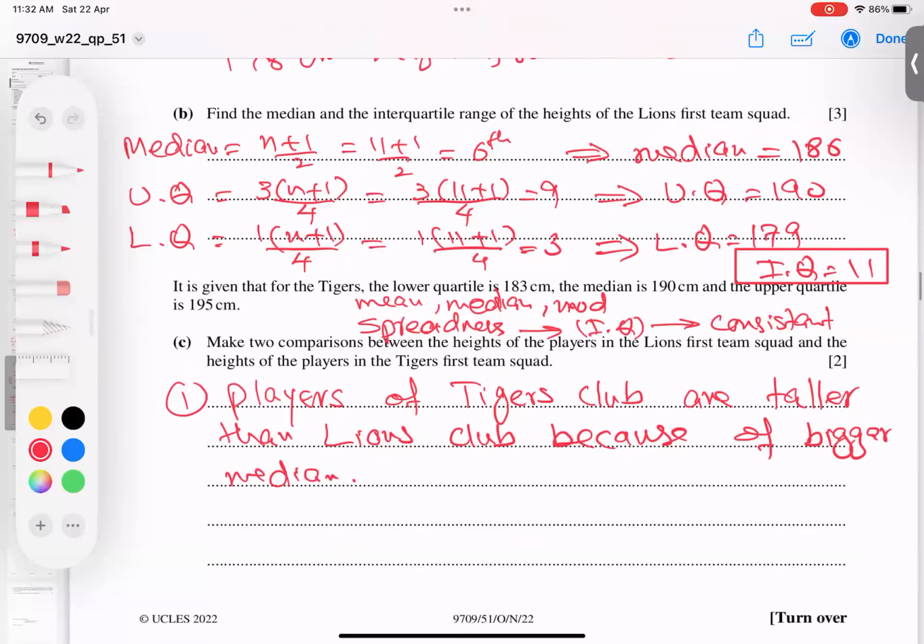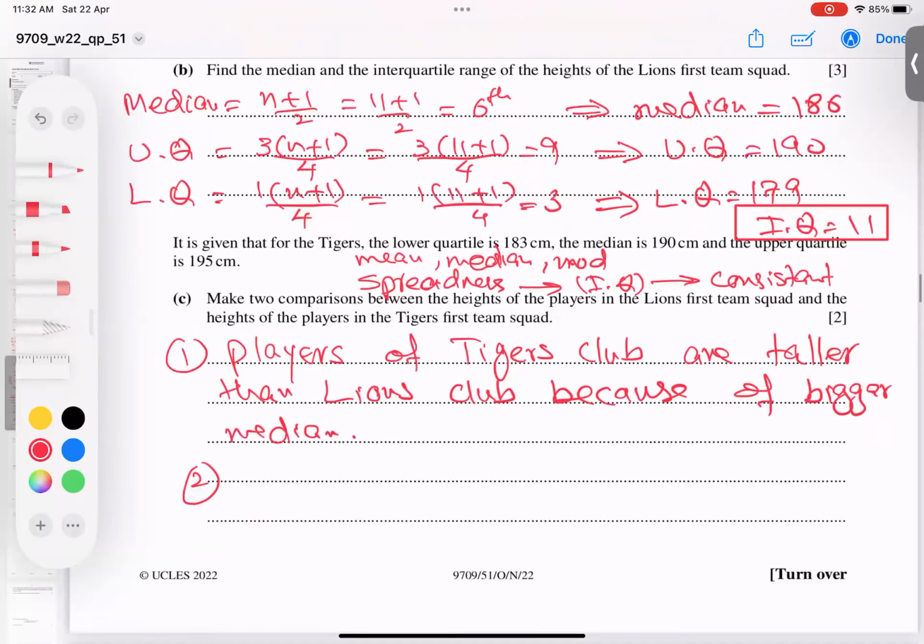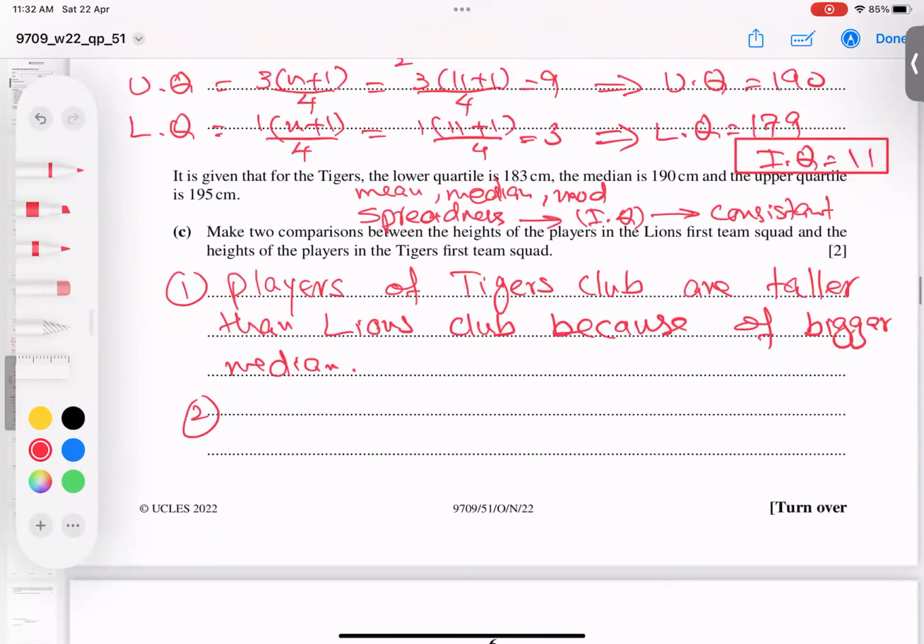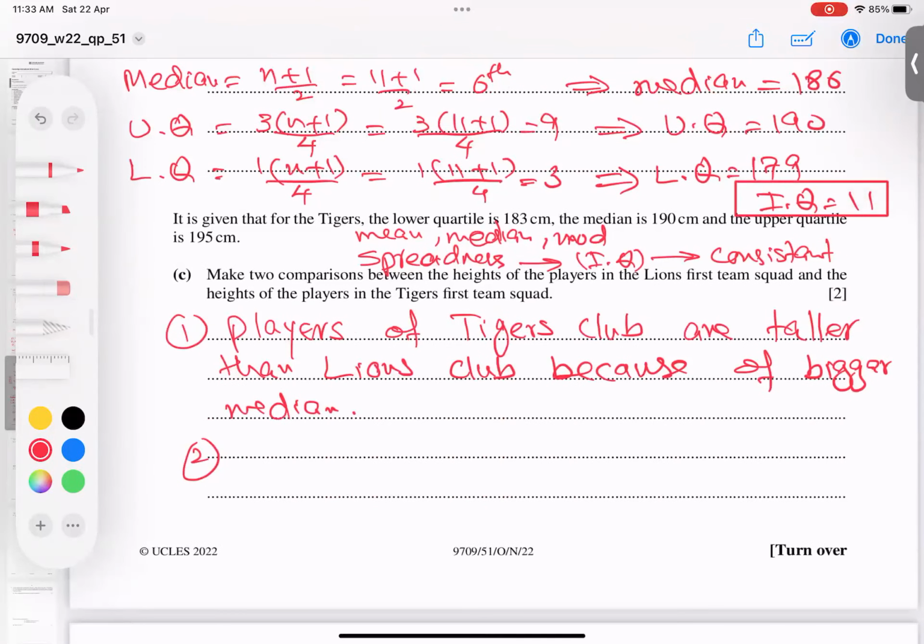Second, the interquartile range, a very simple concept. We have one basic concept here: if a bigger interquartile range comes, consistency is always less, and vice versa.